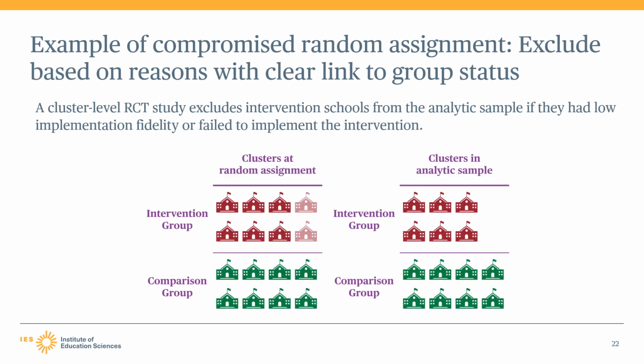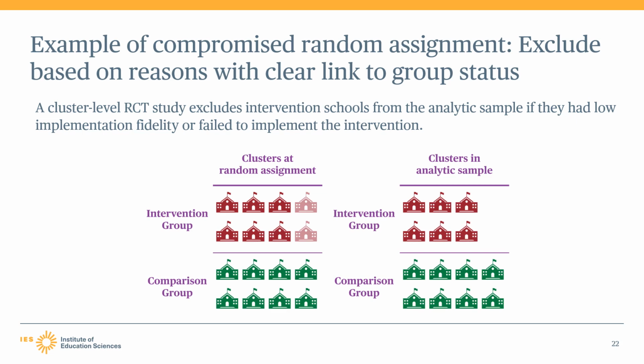Recall that the fourth way an RCT is compromised is if the analyses exclude units randomly assigned based on reasons with a clear link to group status. Namely, random assignment is compromised when the study authors manipulate the analytic sample in a way that systematically excludes certain units based on events that occurred after the introduction of the intervention, and when there is a clear link between the study condition and the reason for the exclusion.